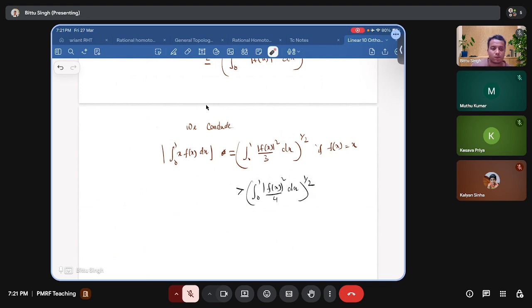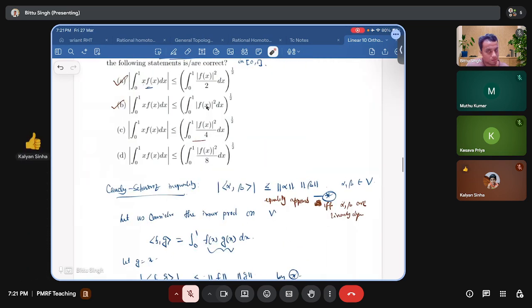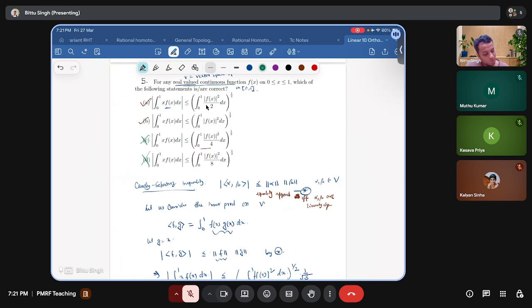Is it clear? So those two are not actually correct. C is false, D is also false. Because C is false, therefore D is obviously false by the same reason. 1/8 is less than or equal to 1/4.